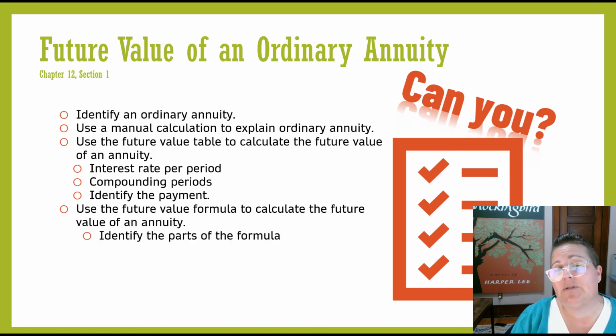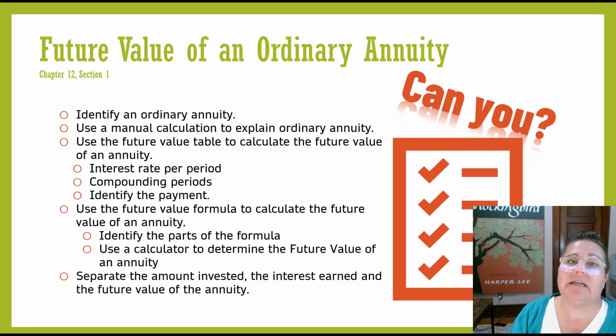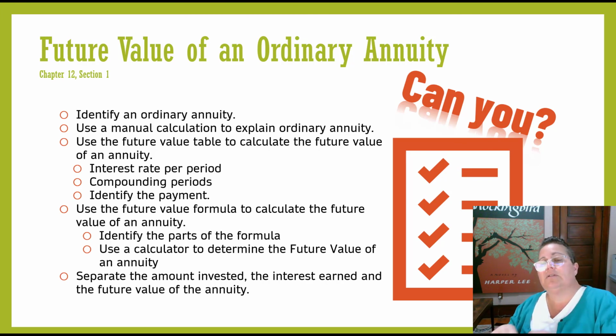Can you substitute in and identify the correct parts of the formula using that calculator to get an answer? Are you able to separate out the amount of the investment, the interest earned, and the future value? So can you use the future value and the amount originally invested to find the interest that was earned on that annuity? Okay.